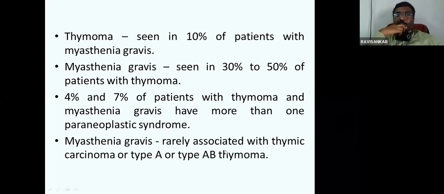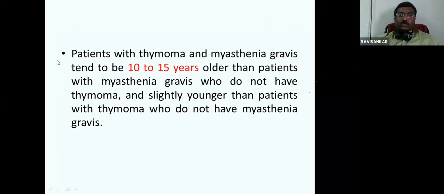Particularly questions from AIIMS, they have lots of these mediastinal tumors. So when myasthenia gravis occurs in thymoma, they are usually 10 to 15 years older than patients with myasthenia gravis who do not have thymoma.